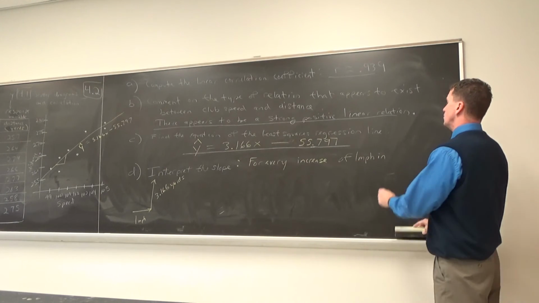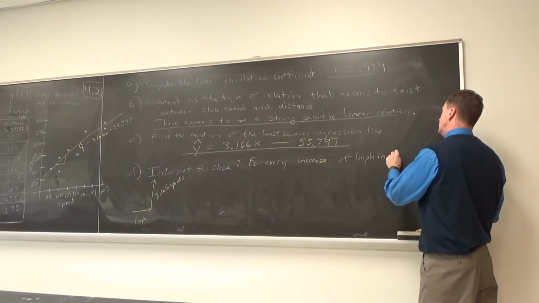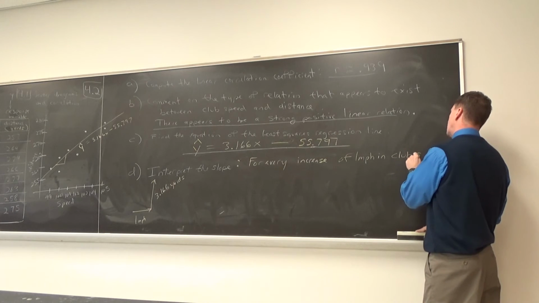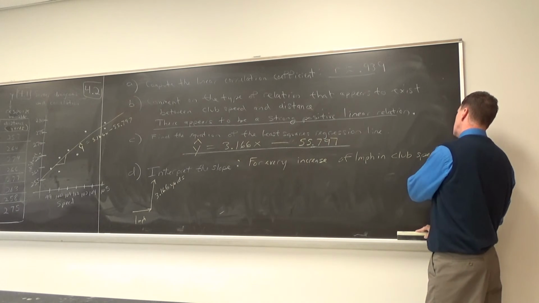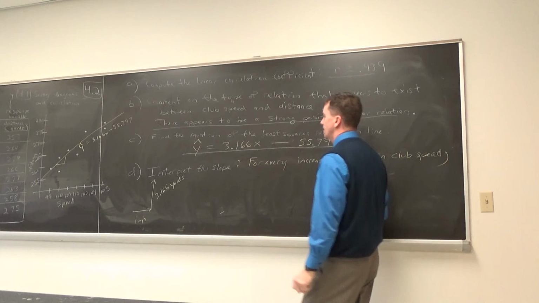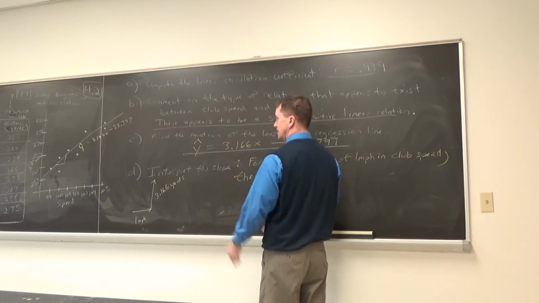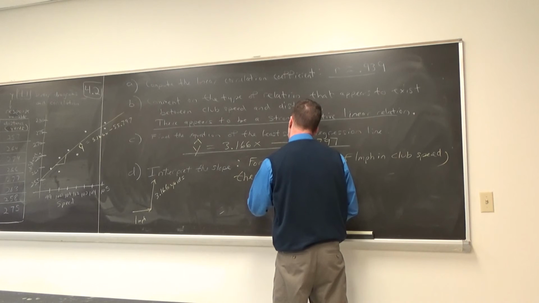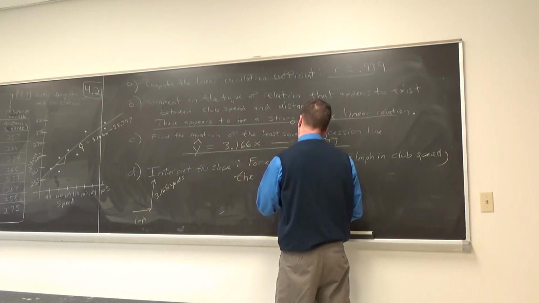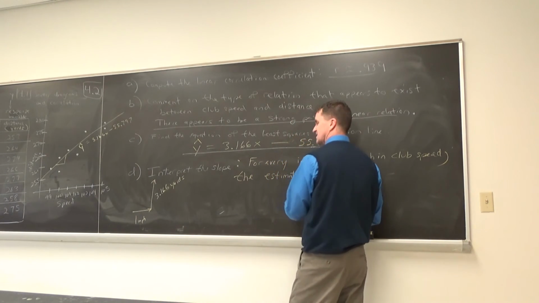For every increase of 1 mile per hour in the club speed, or the club head speed, comma, now I gotta talk about the y variable. What's the y variable? The distance. The distance increases.